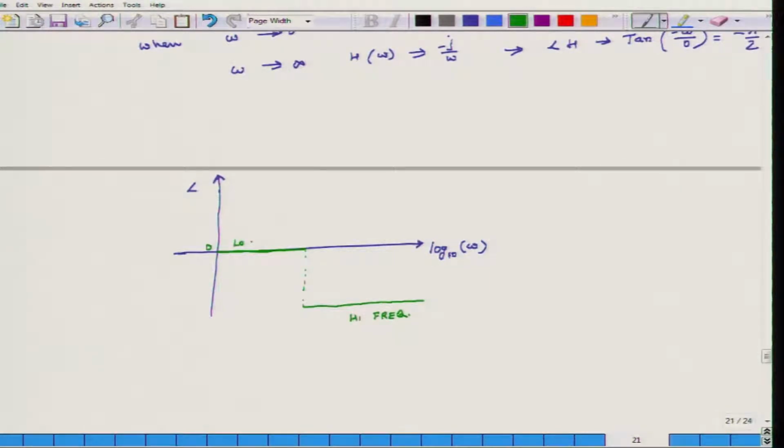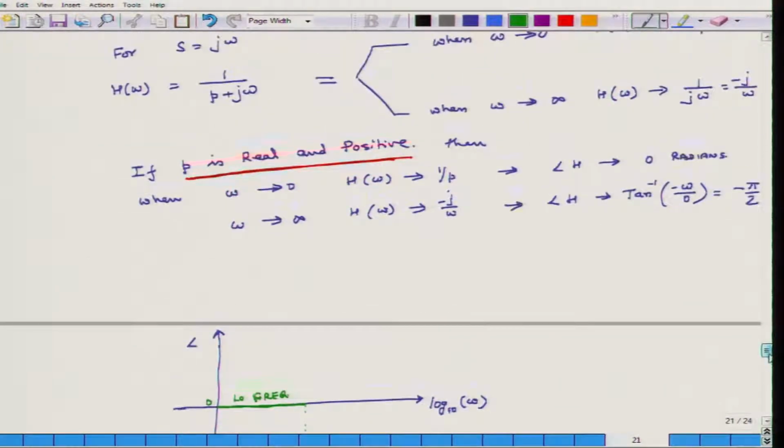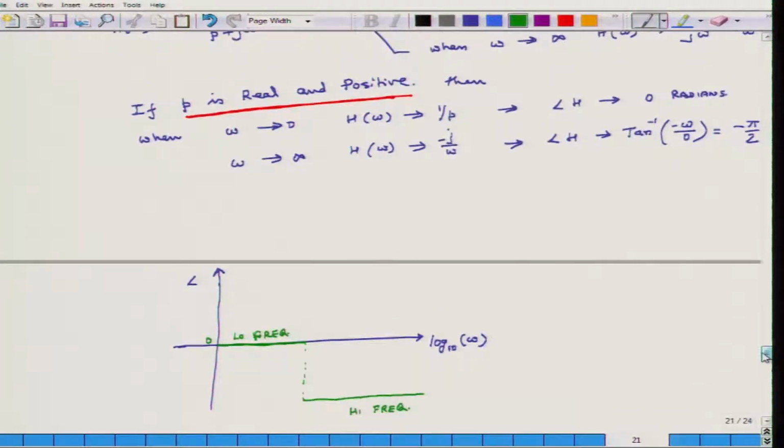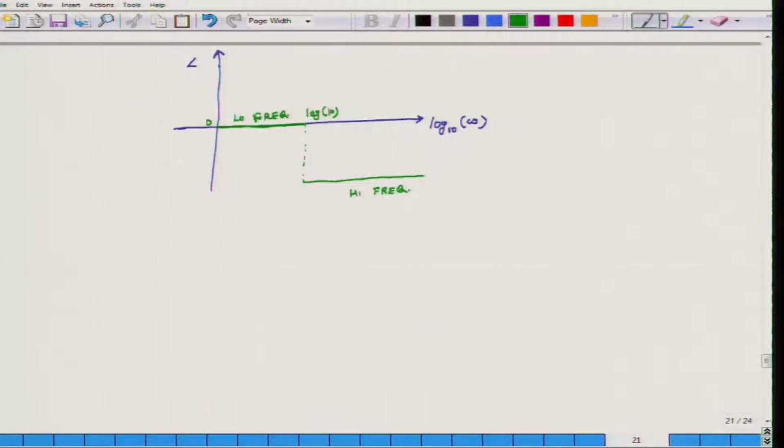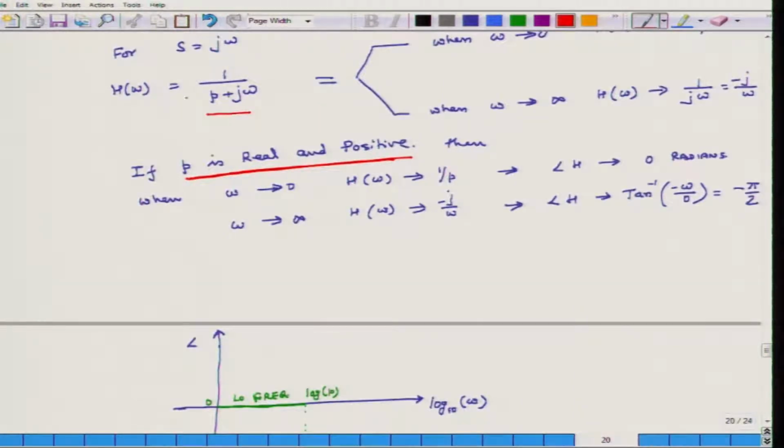The crossover point for these two will occur when 1 over p equals 1 over omega. So, this is here, log of p.